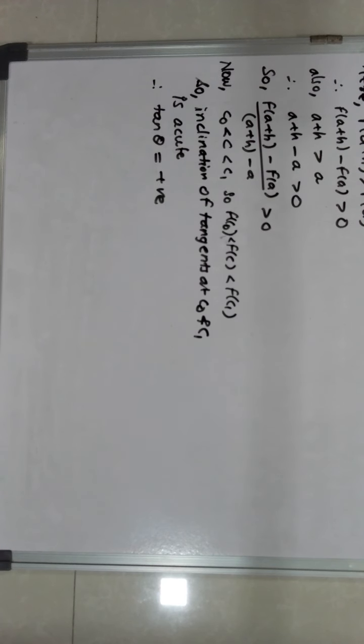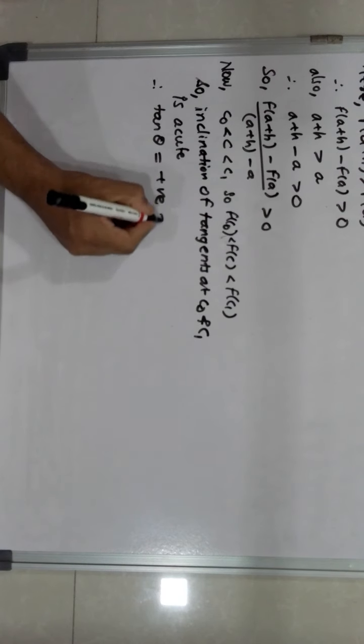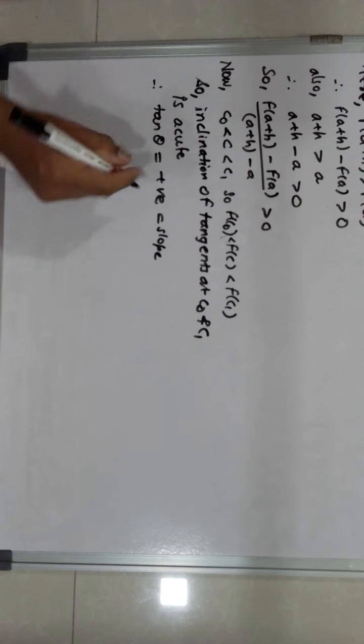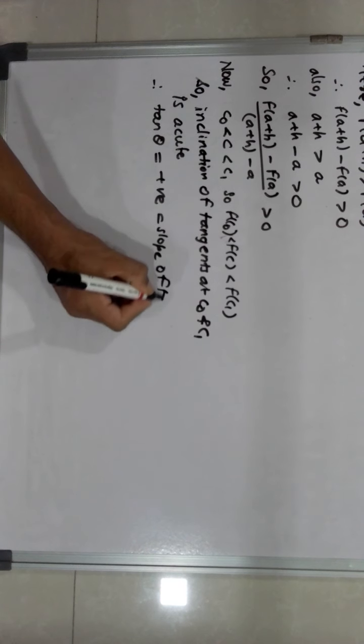I know that the slope of the tangent which I draw to the curve at a point is nothing but the derivative of the function at that point. So tan theta is positive, which is nothing but slope of a tangent, right? So that is tangent only, na? So slope of tangent.